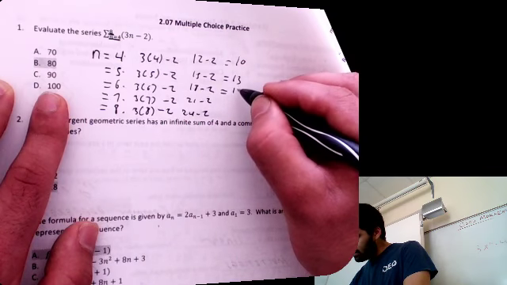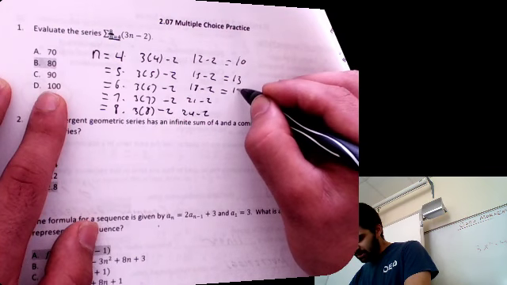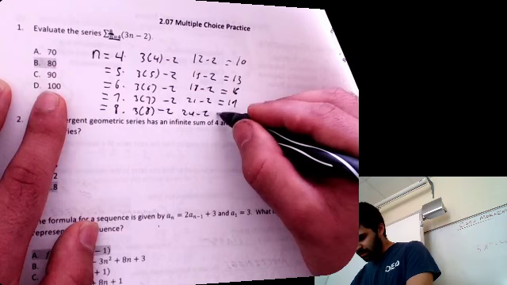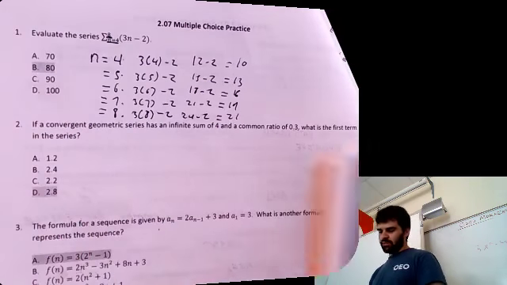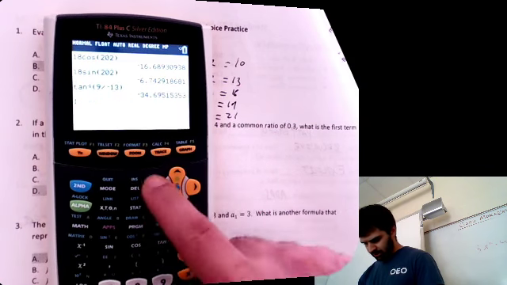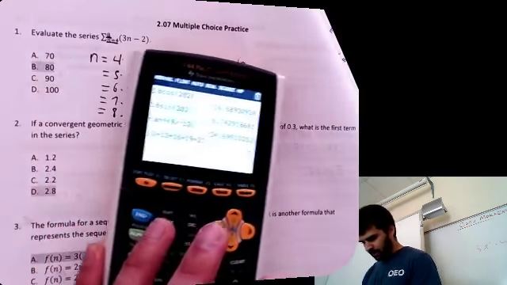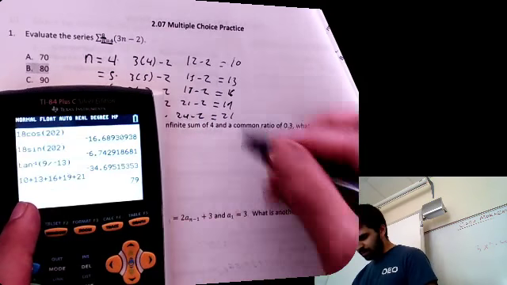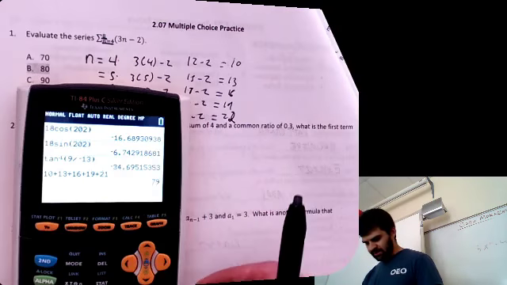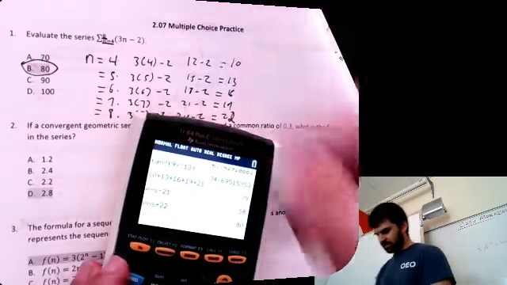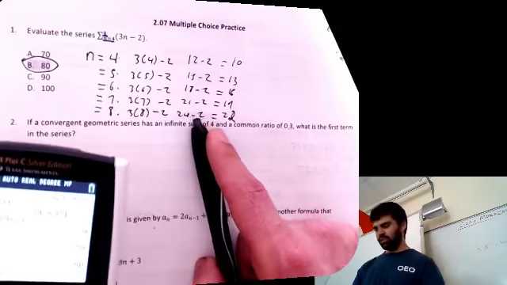Using some mental math, this is going to be 10, 13, 16, 19, and 24 minus 2 is 22. And what we can do is just do 10 plus 13 plus 16 plus 19 plus 22. Sorry, I did 21 at first, but 24 minus 2 is 22, not 21.